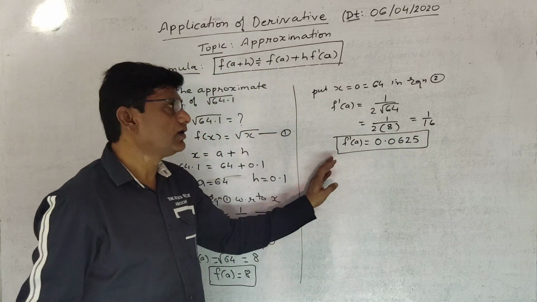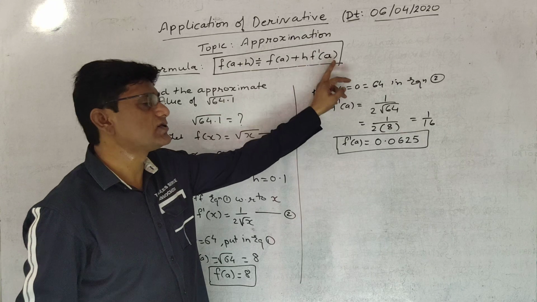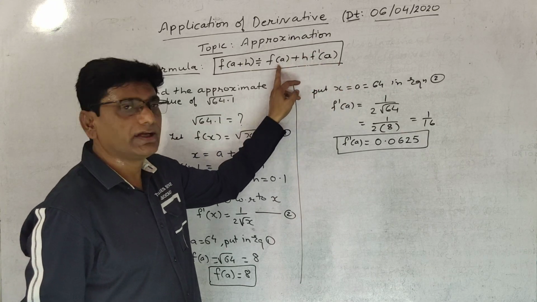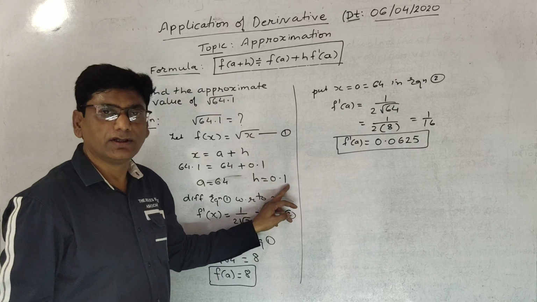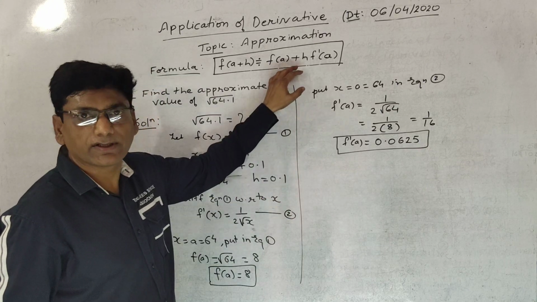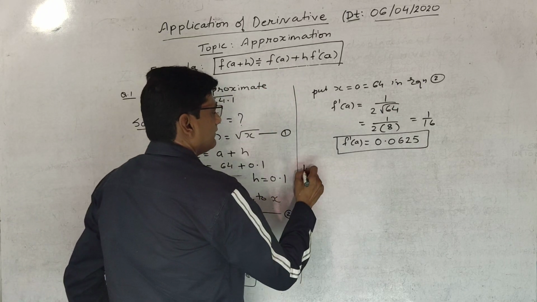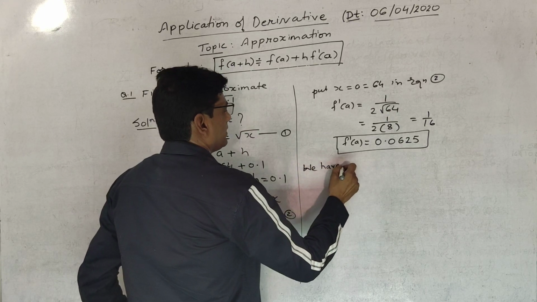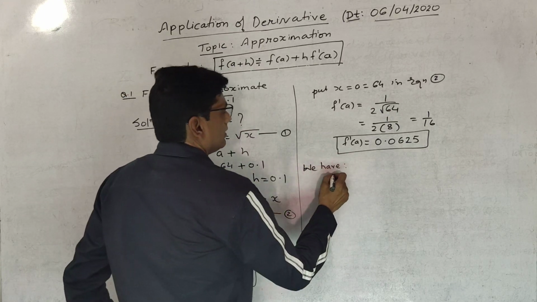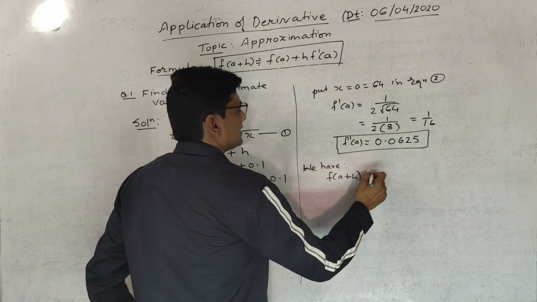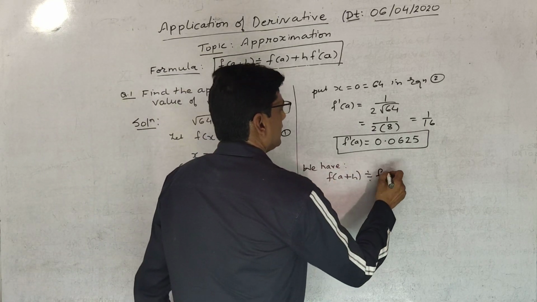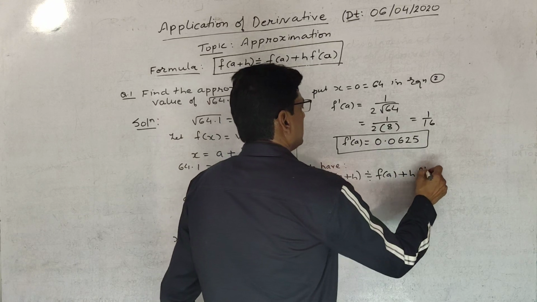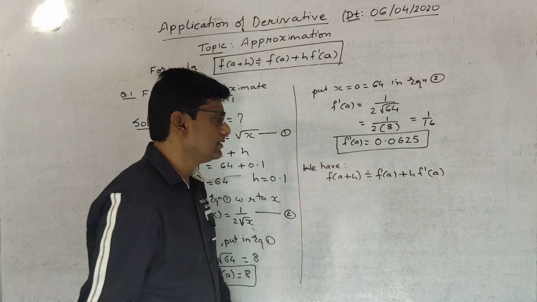So f dash of a is equal to 0.0625. Now we got the values of f dash of a, f of a, and already we have got h equals to 0.1. Now we can substitute the values in our formula. We are having the formula f of a plus h is approximately equals to f of a plus h f dash of a.